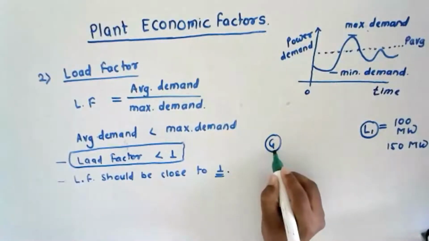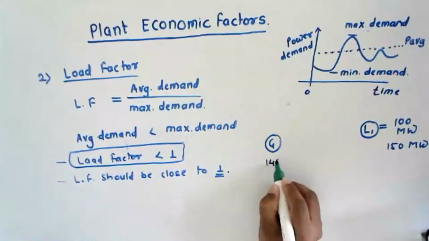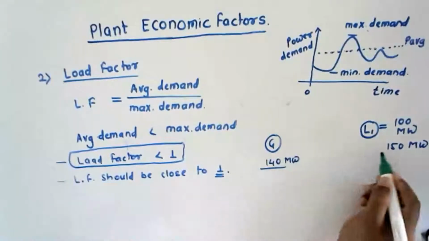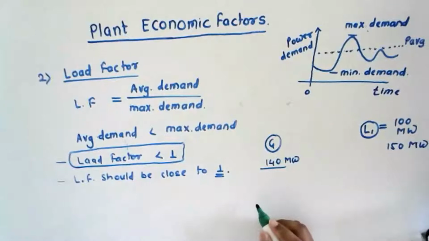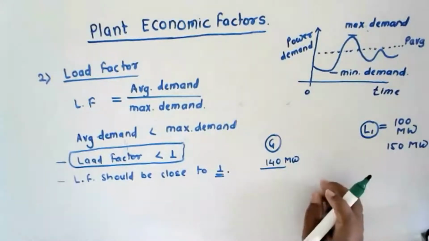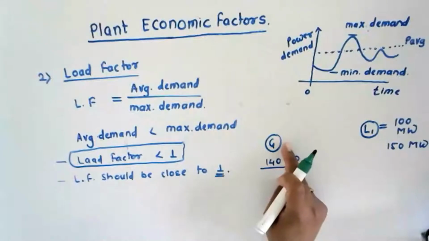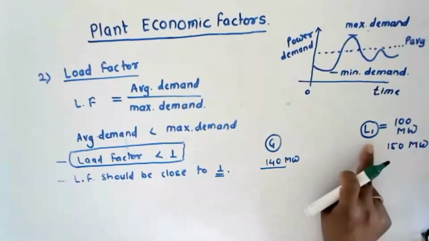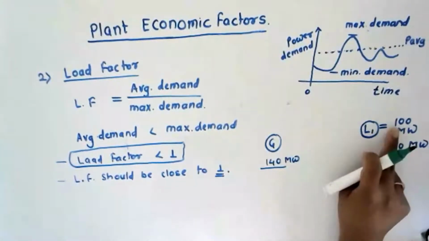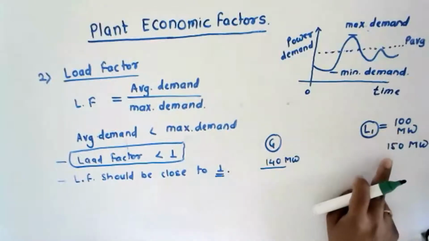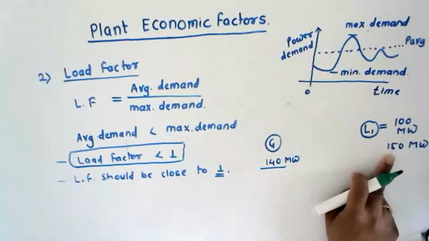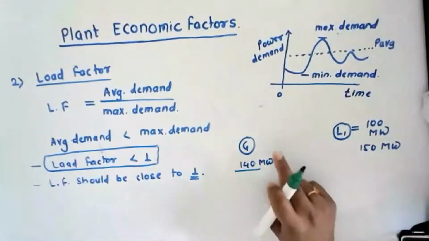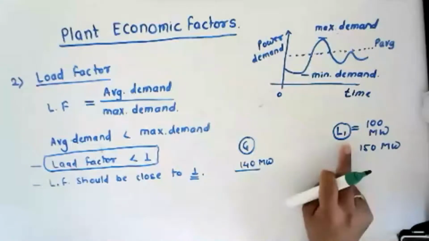Suppose the generating power plant's capacity is 140 megawatt, will it be able to satisfy the load demand? This is a generating station, and its rated capacity is 140 megawatt. This is your load, whose average power demand is 100 megawatt, but what is its maximum demand? 150 megawatt. Do you understand the problem? So will this generating power plant be able to satisfy the load fully? That is my question. You can answer in the chat box.